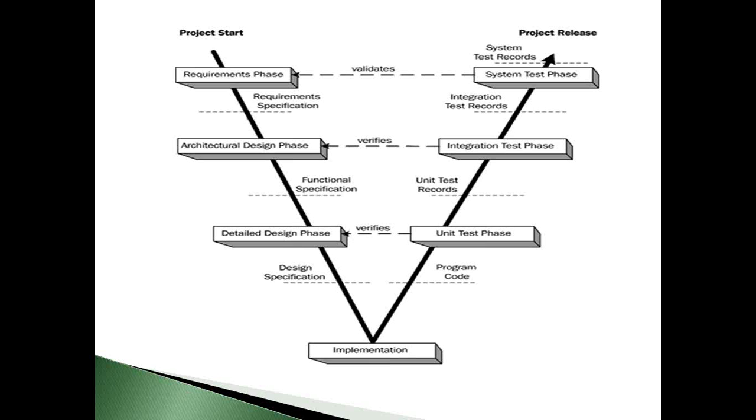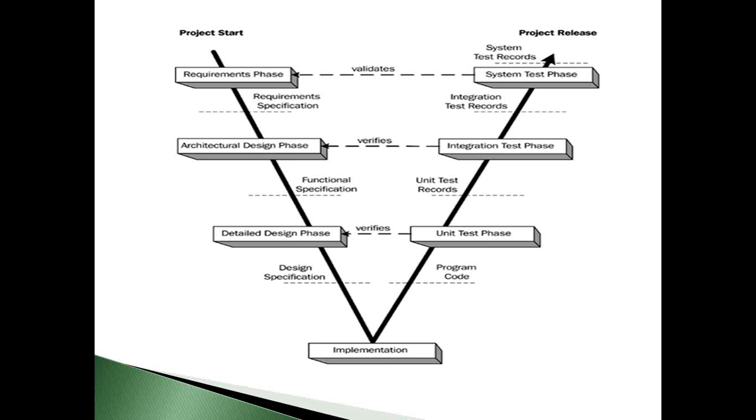Then we implement or develop the code, and then we have the unit test phase. The unit test phase is done based on the design specification mentioned in the detailed design phase.